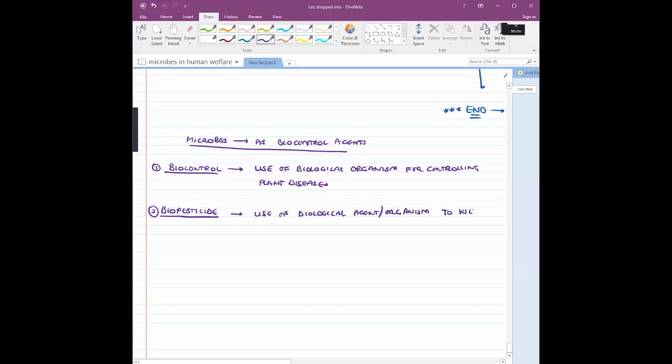This is generally done to kill or check the proliferation of disease-causing agents. To check meaning to control the proliferation of disease-causing agents. Right? So basically, both of them are going to be on the same lines. However, there is a very thin difference between the two.